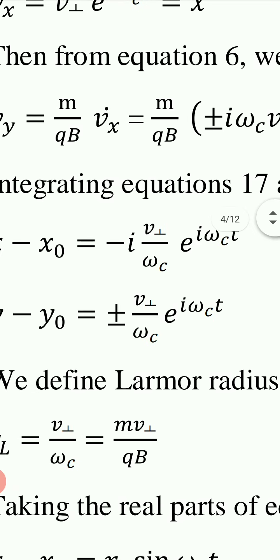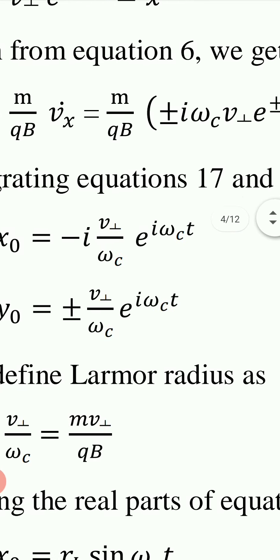Before the bracket we write m upon qB. If we bring m down to the denominator, then we can write it as 1 upon qB upon m, and this qB upon m is omega c.